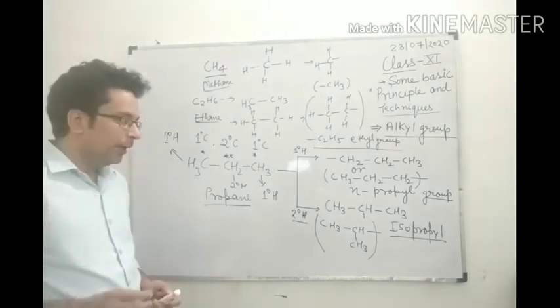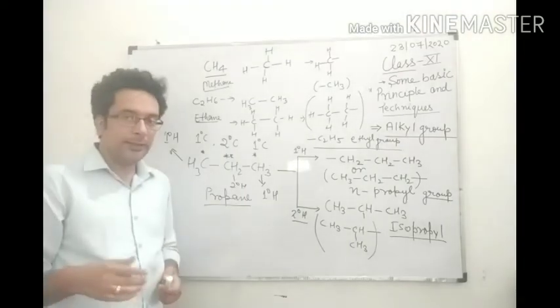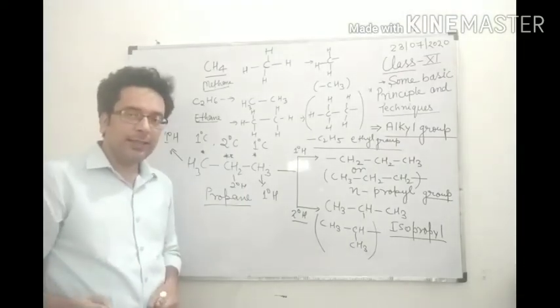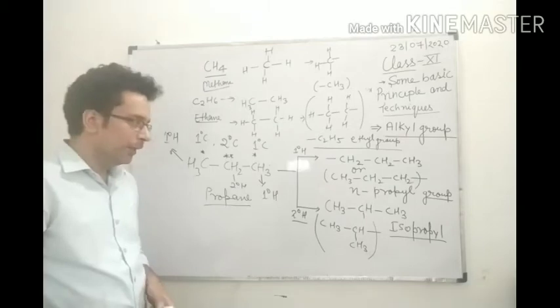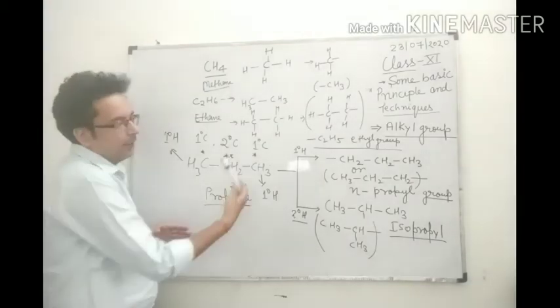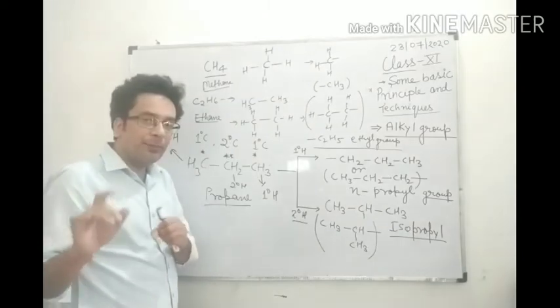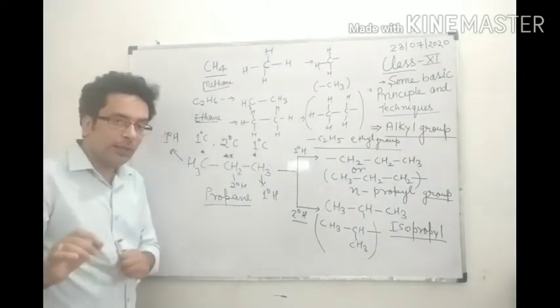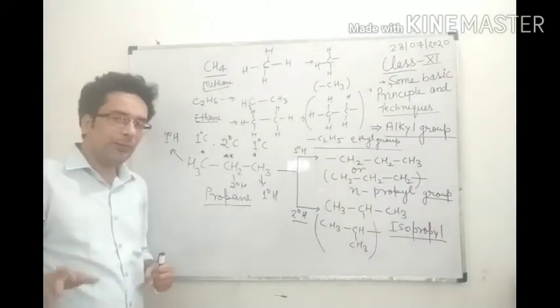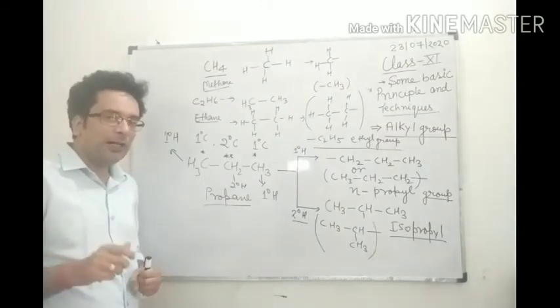Now, in the next question, write the name and structure of that group. So this is propane. Keep in your mind that you always obtain propyl from propane, but the names are different.